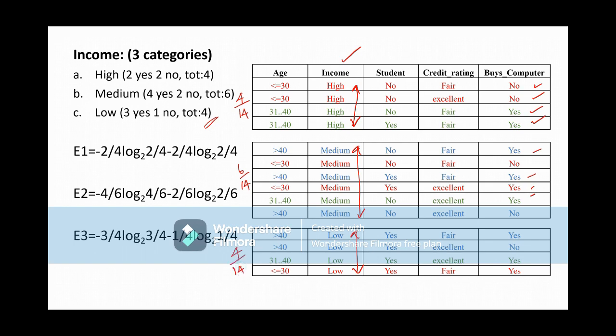Using those values, you have to calculate the entropies of those particular categories, and then substituting the probability of getting the category and the entropy, we can find the average entropy, and then substituting the value of average entropy, we have to find the information gain of income.